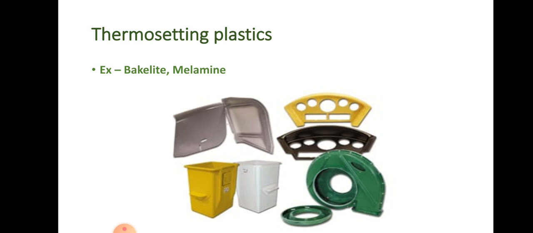And melamine is a versatile material. The main characteristic of melamine is that it resists fire and can tolerate heat better than other plastics. So it is used for making floor tiles, kitchenware and fabrics which resist fire.